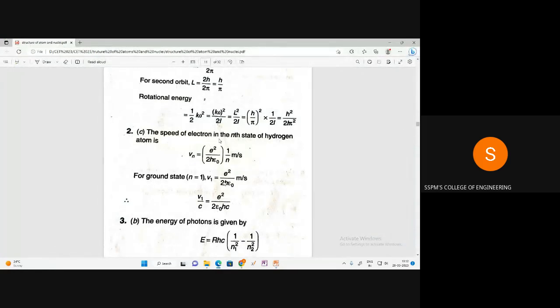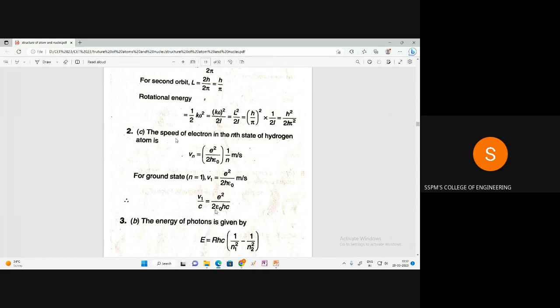The speed of electron in nth state of hydrogen atom is given by speed equals e square upon 2h epsilon 0 into 1 upon n meter per second. For ground state, n equals 1.